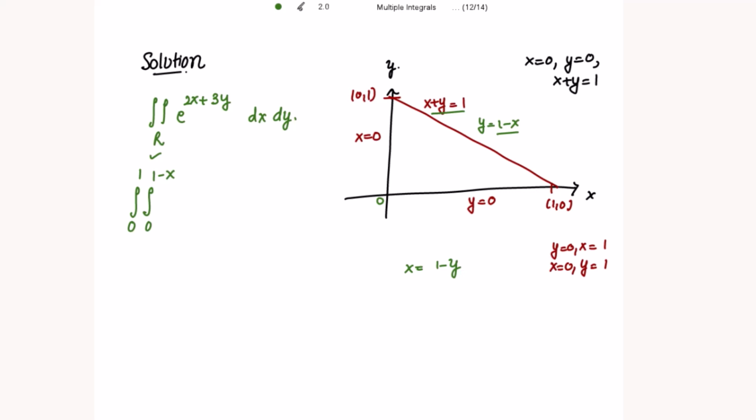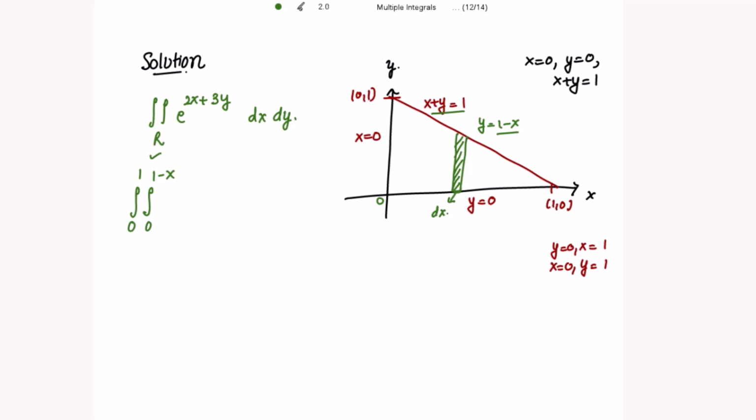In the earlier case, because x1 and x2 are constants, the strip will be parallel to the y-axis. This is your dx. And then you will integrate accordingly.